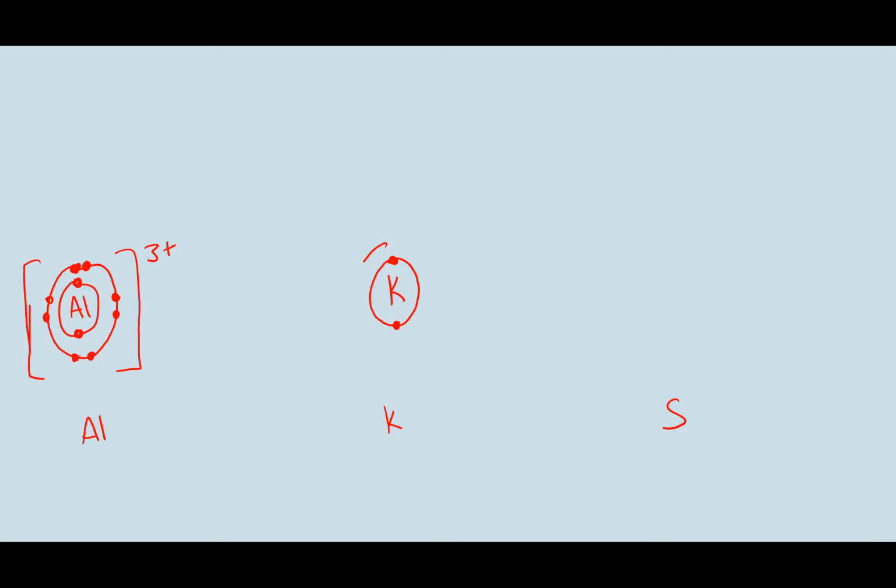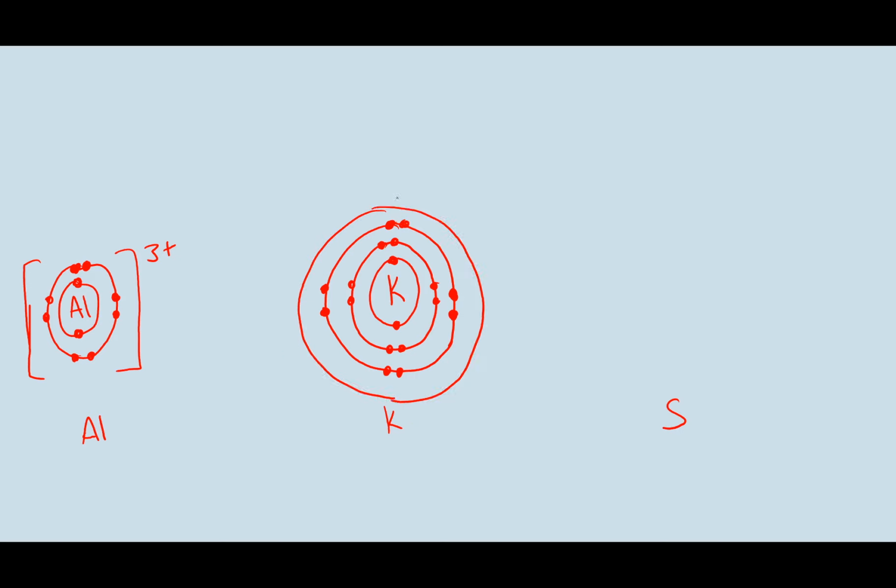So there's 2, 10, 18, and finally in its last shell there is 1. So again, looking at potassium, we have to think, okay, is potassium going to gain 7 electrons or get rid of that 1?